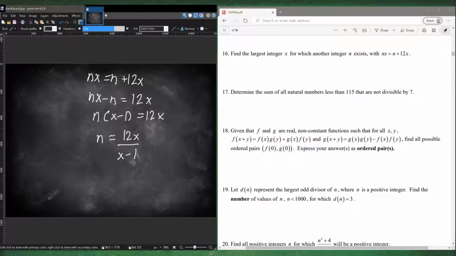Okay, so if you think about it, now we have x on one side and n on the other side. And the highest value for x, such that n is going to exist as another integer, would be if this value is equal to this value.